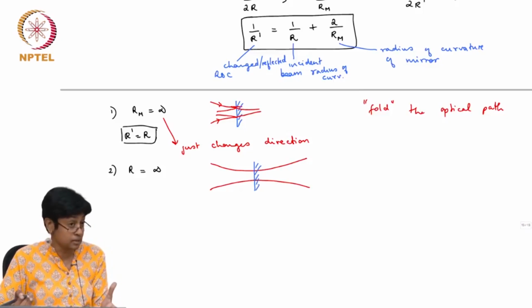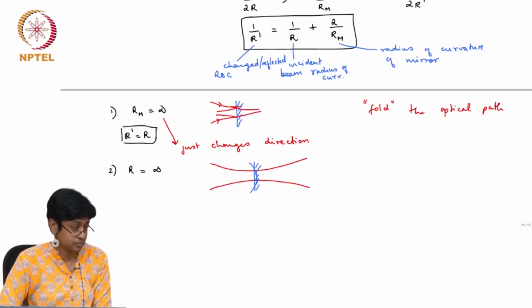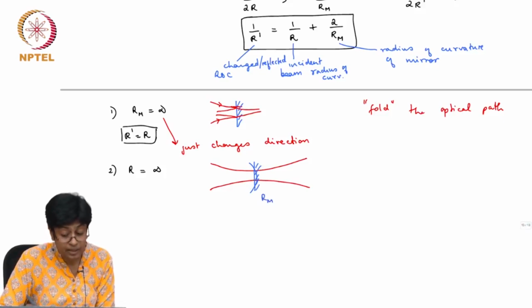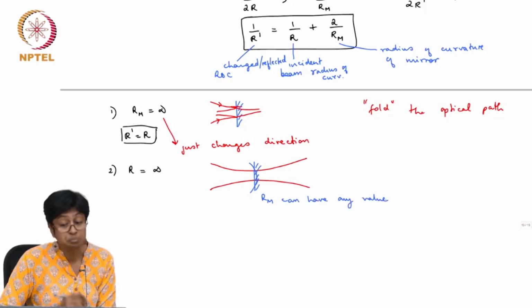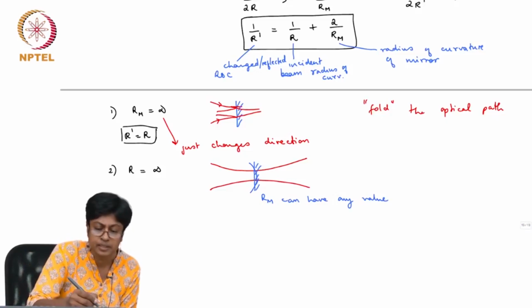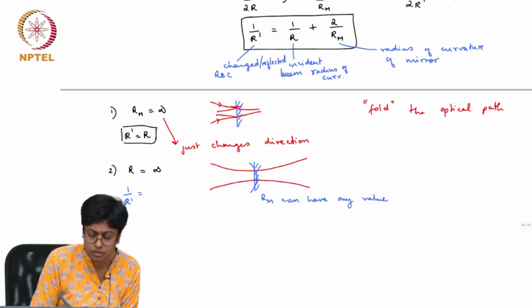Whatever it may be, I've put a planar mirror. It could be that I'm using a curved mirror. I haven't said anything about RM. RM can have any value. But because I have located the mirror at this particular location, what will happen is 1 over R dash is going to be equal to 2 over Rm.